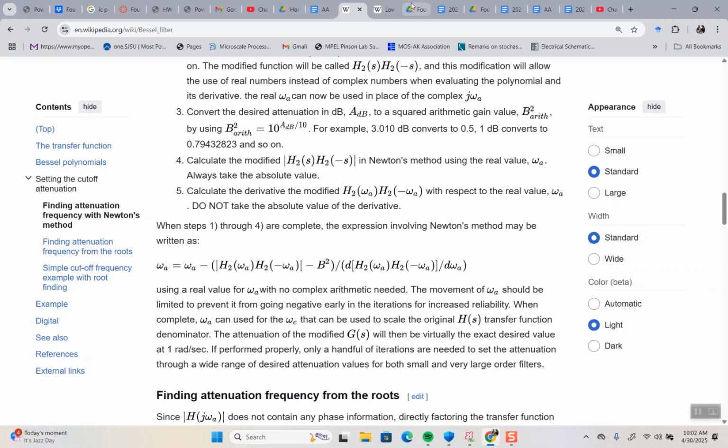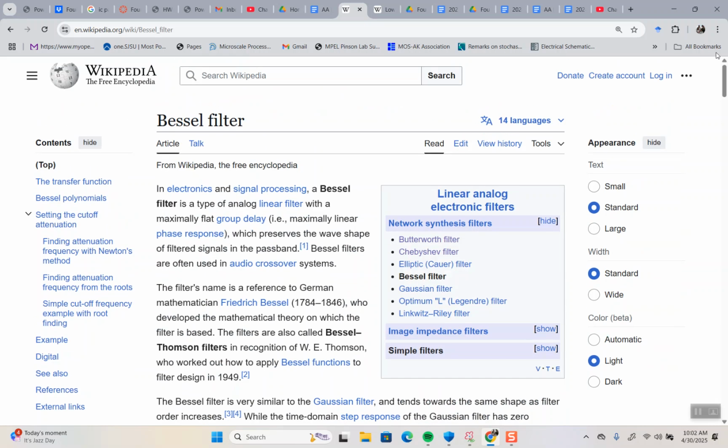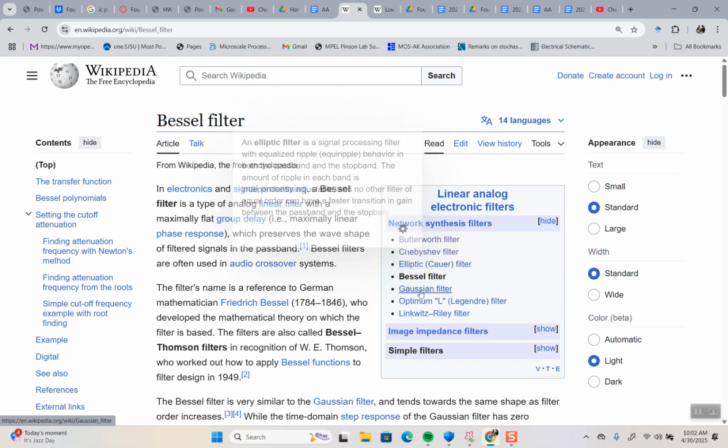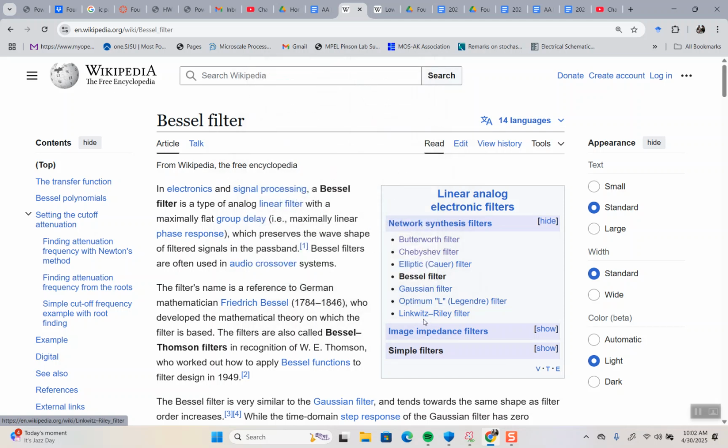I haven't been sleeping well lately. But yeah, elliptic is like a shape. Oh, it's got a person's name. Gaussian is definitely somebody's name. Those are names.